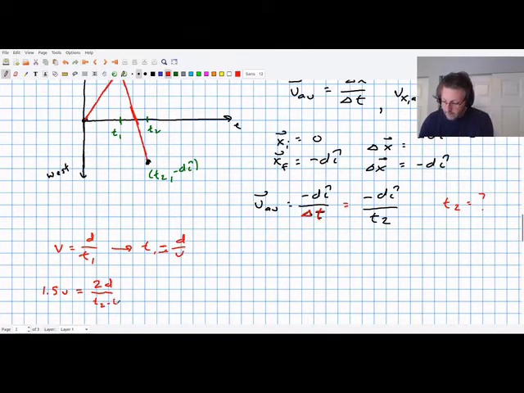So that means that t2 minus t1 is 2d over 1.5v.